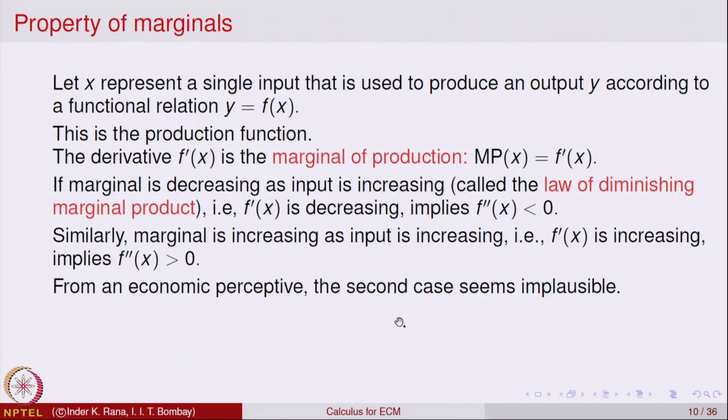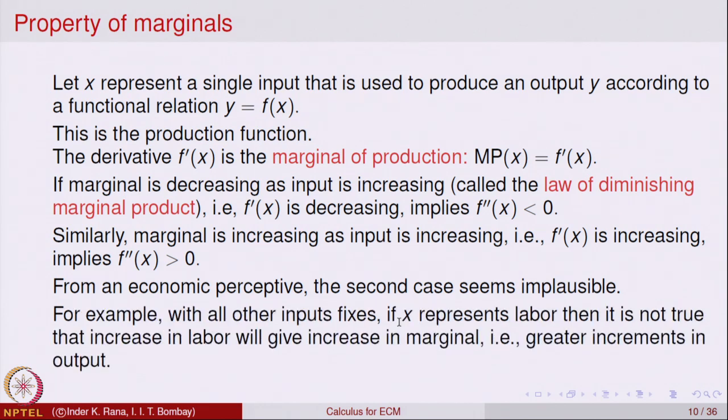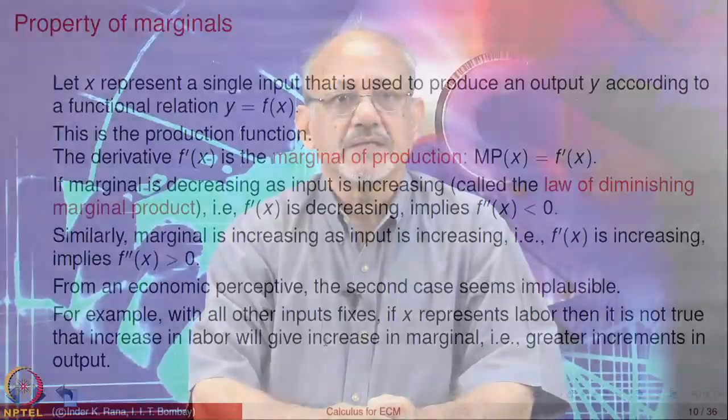For example, if all other inputs are fixed and x represents labor, then it is not true that an increase in labor will give greater increments in output. That may not always happen, that we know. That is why this scenario may not always happen.